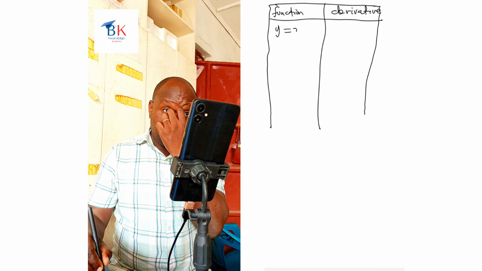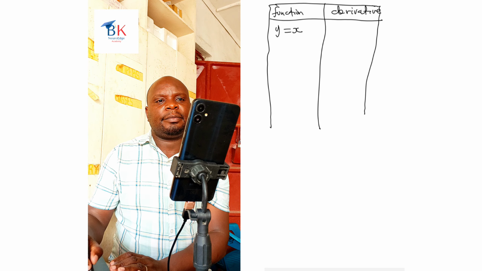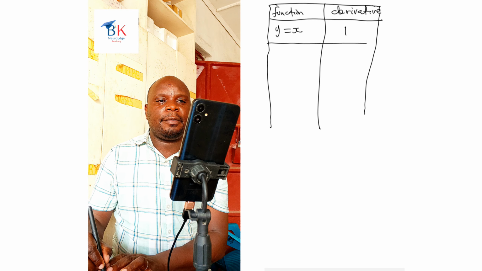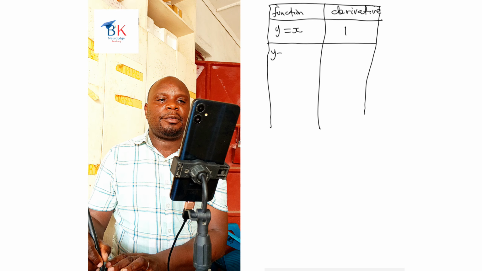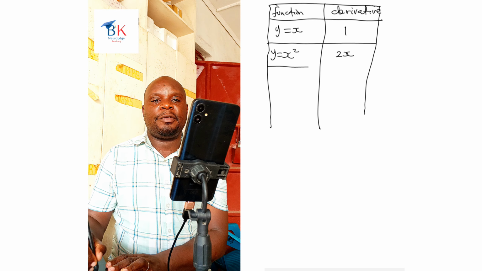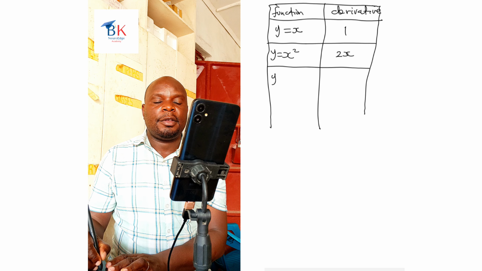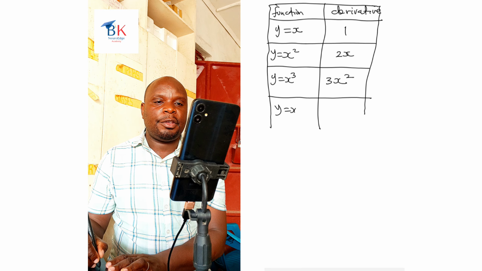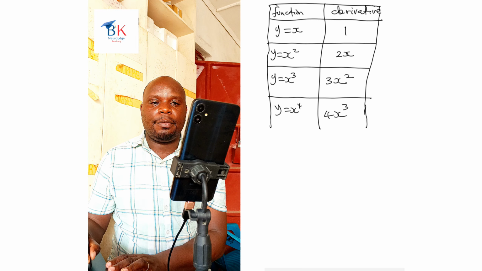The first one was y is equal to x. Of course, the gradient is 1. The second one was y equal to x squared, and we found the gradient function as 2x. The third one was y equal to x cubed, and we found it as 3x squared. Then y equal to x power 4, and we found it as 4x cubed.